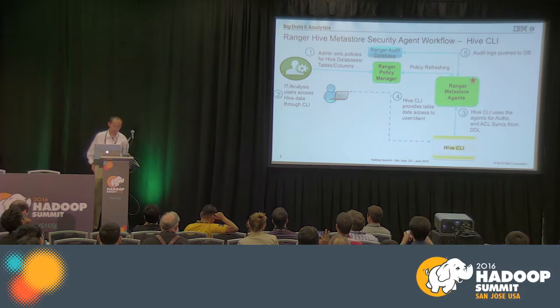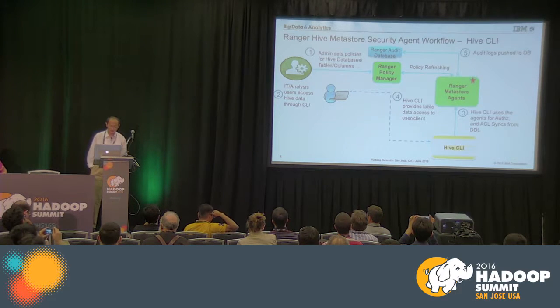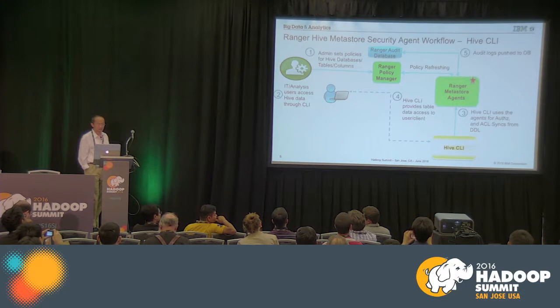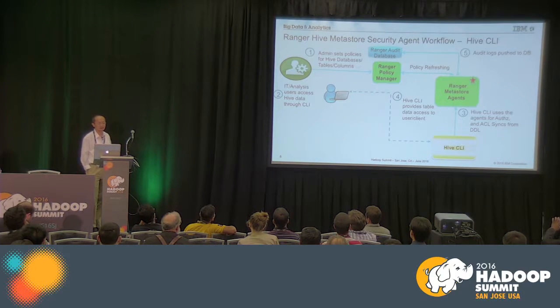Hi, let's first go through some typical workflow. First of all, let's see what happened when Hive CLI is used with the new Hive Metastore security agent. First of all, the Ranger admin sets some policies for Hive database tables or columns.